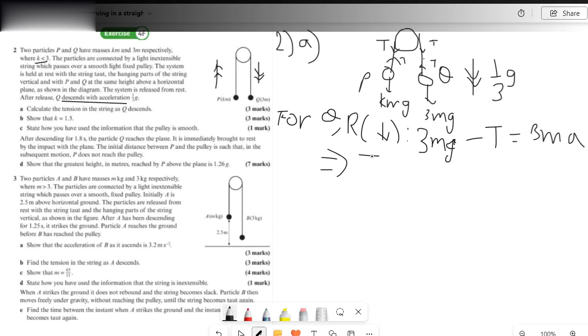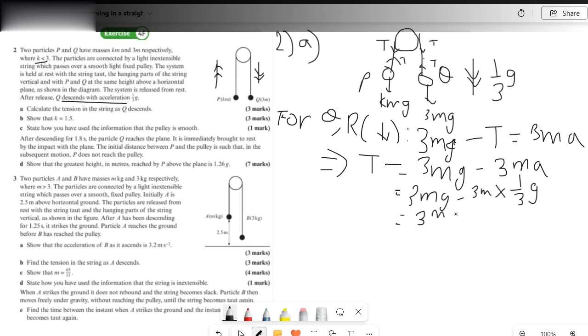So the tension, rearranging, should be 3mg subtracted with 3ma. Now because a is 1/3 g, we have 3m multiplied with 1/3 of g. So this simplifies to 3mg subtracted with mg, which is 2mg newtons.